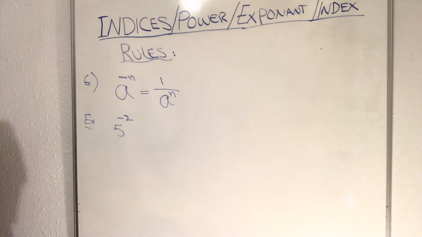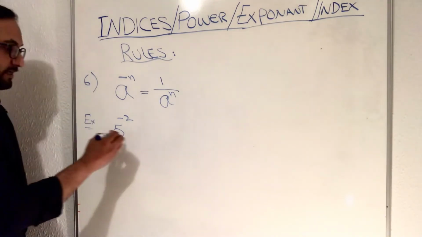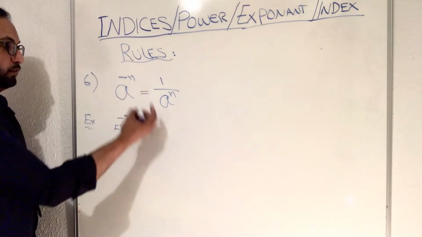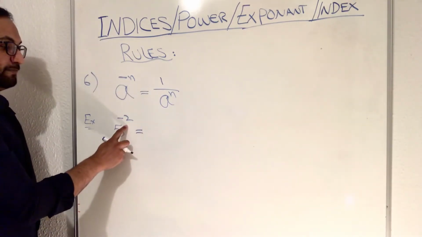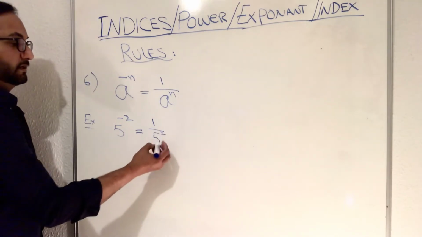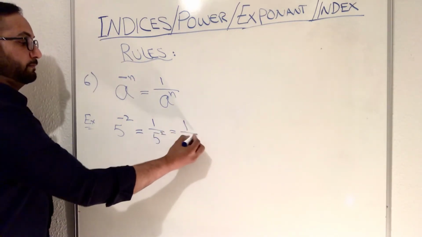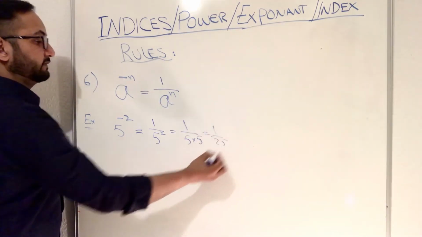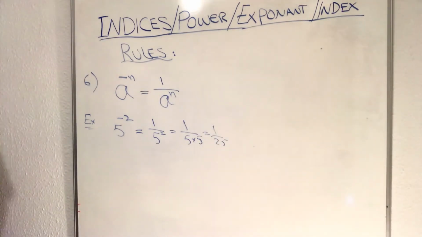No, you cannot find the value directly. So first you have to use the indices rule to convert that power into positive: 1 over 5 squared. Now it is easier. That becomes 5 times 5, which is 1 over 25. This is the answer. Now we are going to the exponent, like a square root of anything.